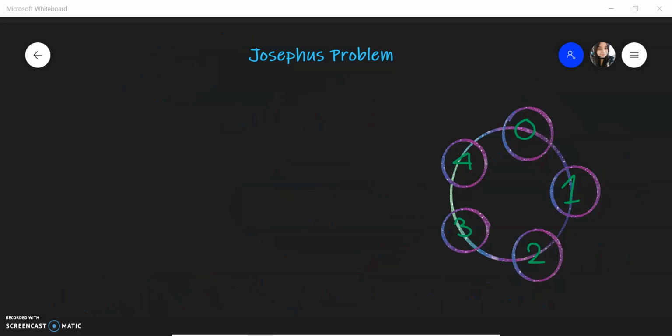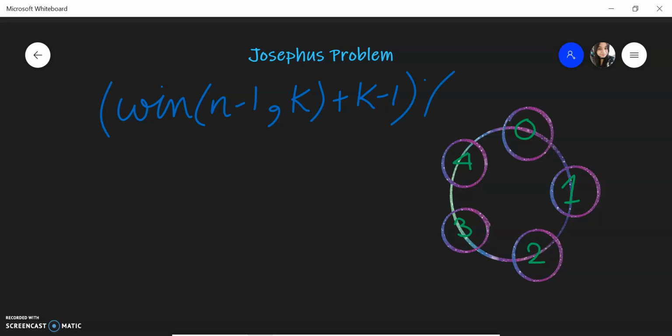So let us try to dry run for one situation. What was our formula? Our formula was when of n minus 1 comma k plus k minus 1, this whole thing modulo n plus 1, right? Now let's just try to do it for this example here. Our n is 5 and k is 2, right?